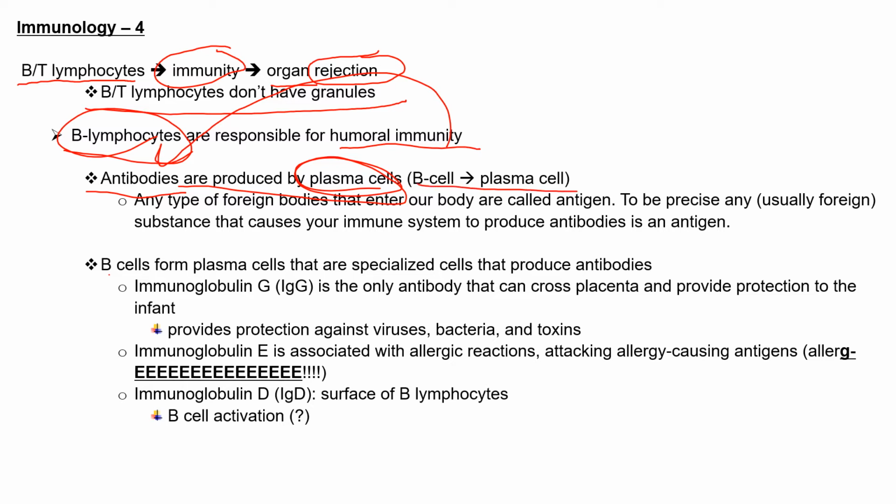Please do know that any type of foreign body that enters our body, usually a foreign substance that activates our immune system and promotes formation of antibodies, is called an antigen.